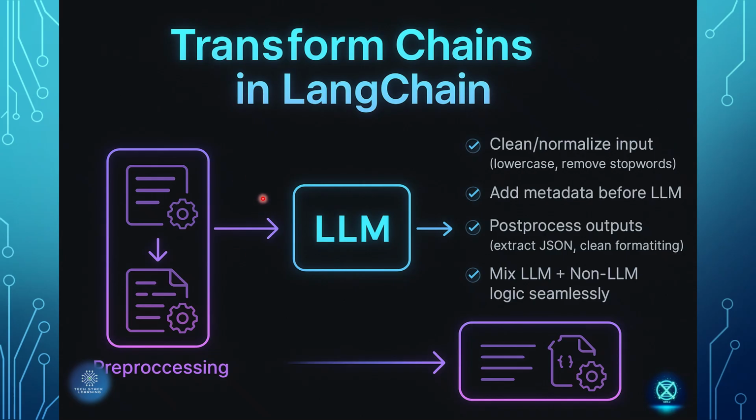So what are transform chains? It's basically in LangChain lets you apply arbitrary Python functions, right? So what happens here is you take the inputs, before sending them to the LLM, that is what we call pre-processing, and what we get once the LLM is done, that is called post-processing, correct?